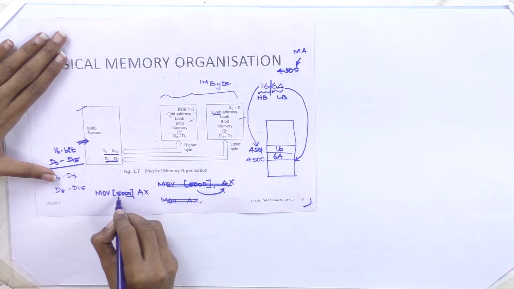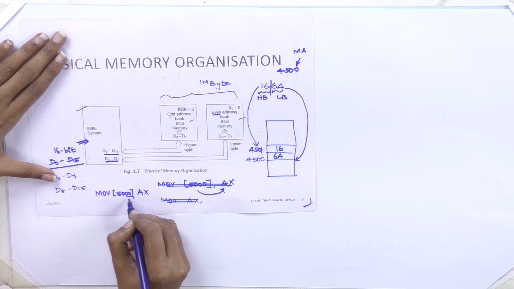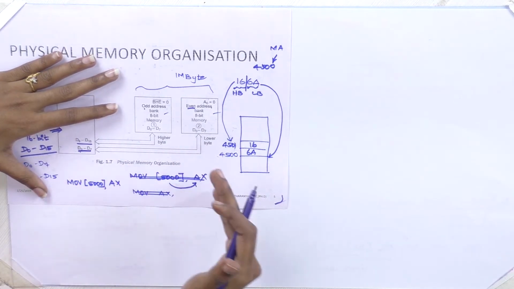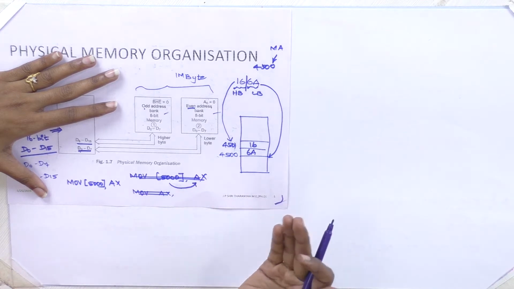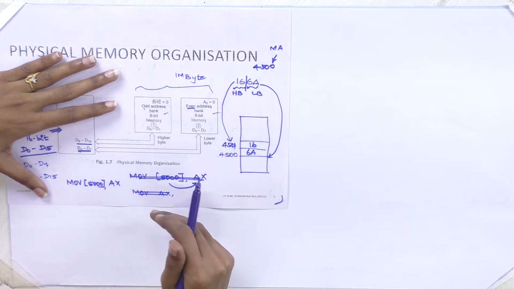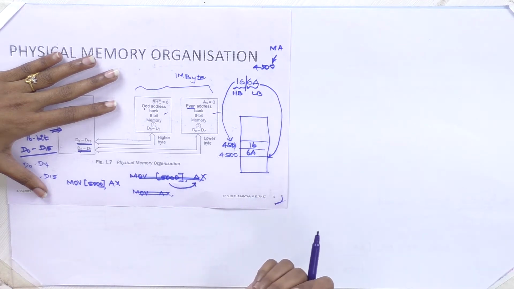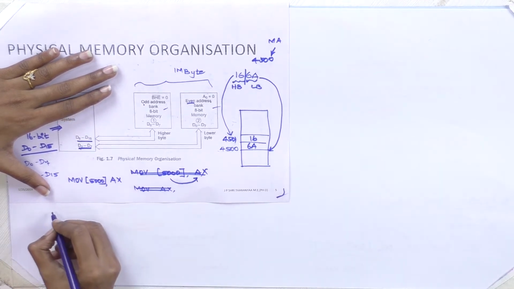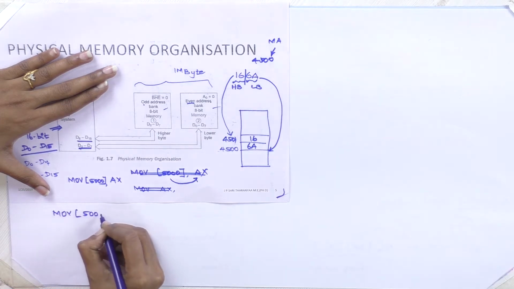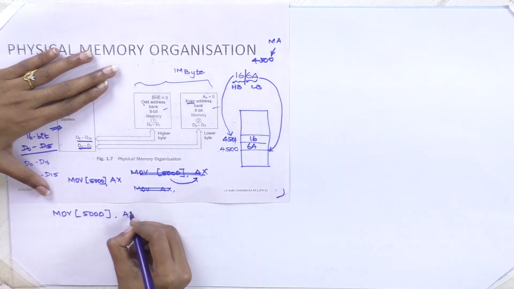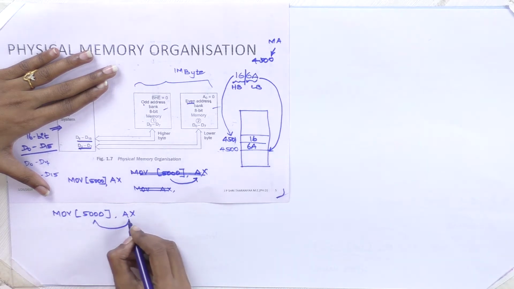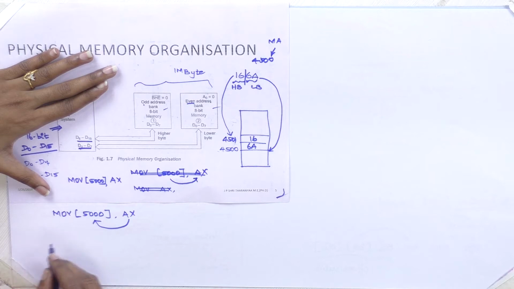Now we have seen about storing the data into the location. If you want to take the data from the memory location, obviously we will take this instruction as an example. What this instruction will do is store the value from the register to the memory location.